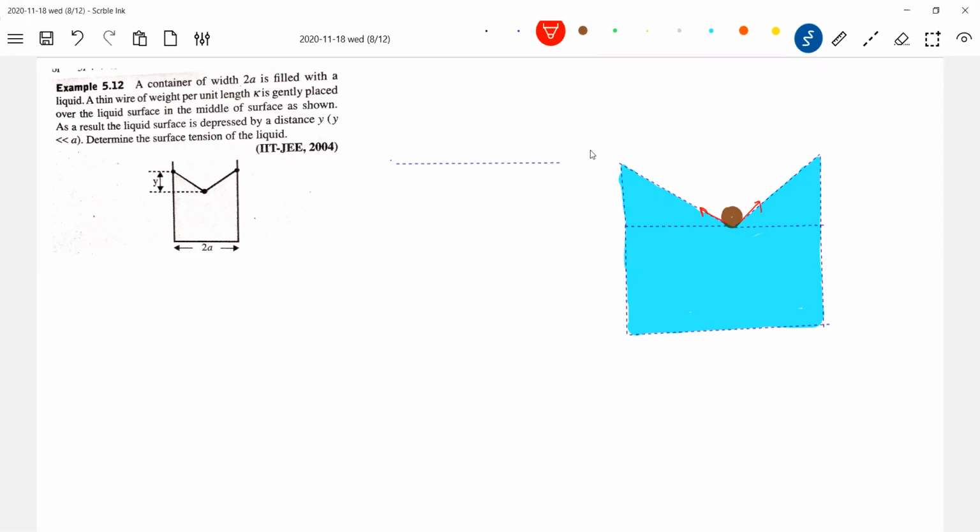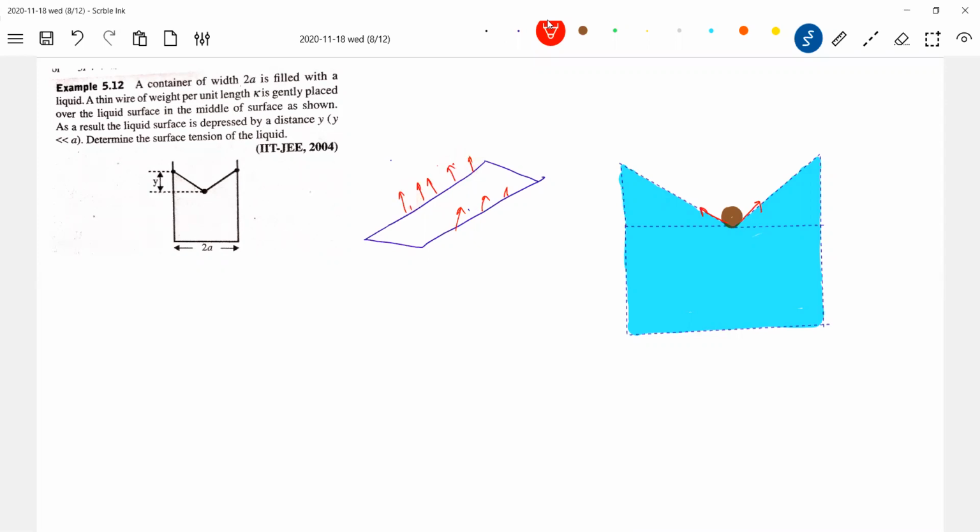Tell me how the force due to surface tension should act here. At least I'm able to show that arrow only because it's a plane diagram. It's a long wire. Thin wire of weight per unit length. The force everywhere will be acting in this direction. Not vertical.